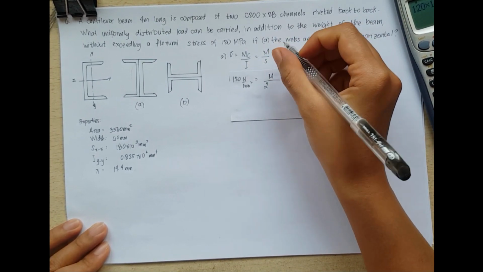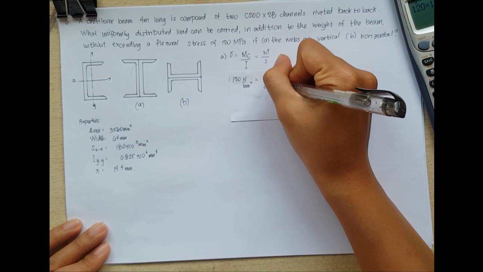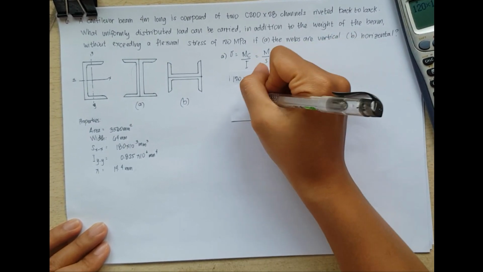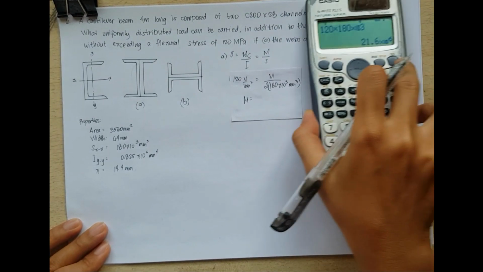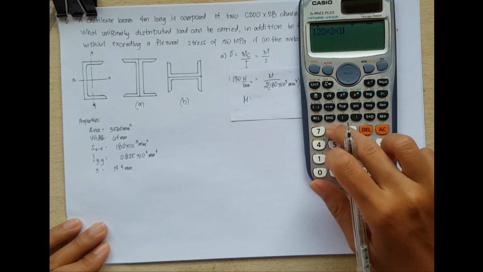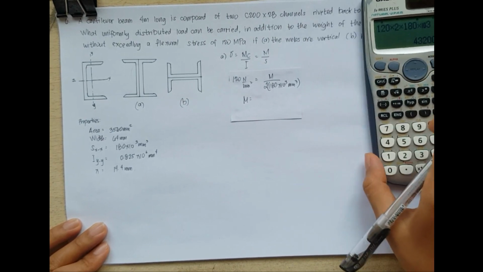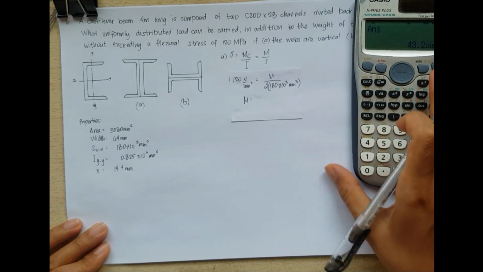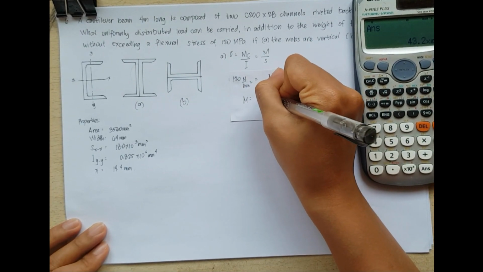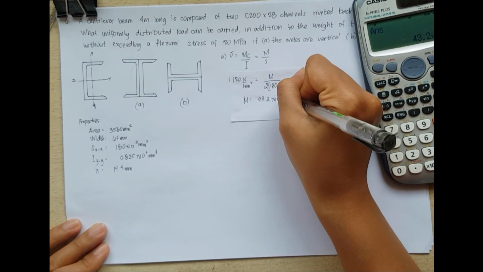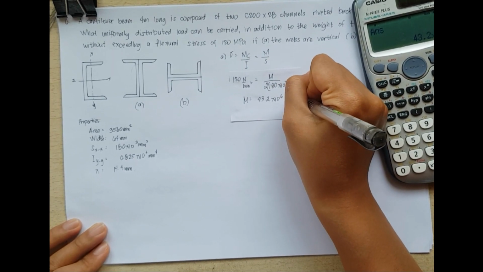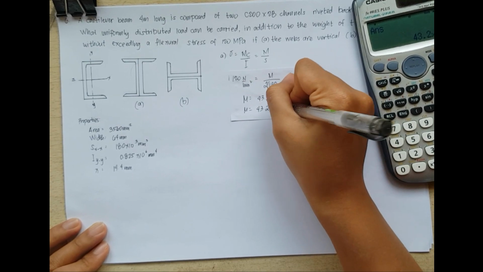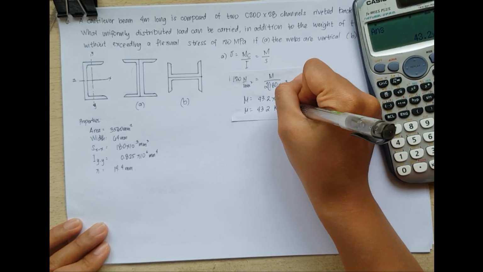So 2 times S, which is 180 times 10 raised to 3 cubic millimeter. Therefore, the moment is equal to 43.2 times 10 raised to 6 Newton millimeter, or it is equal to 43.2 kilonewton meter.